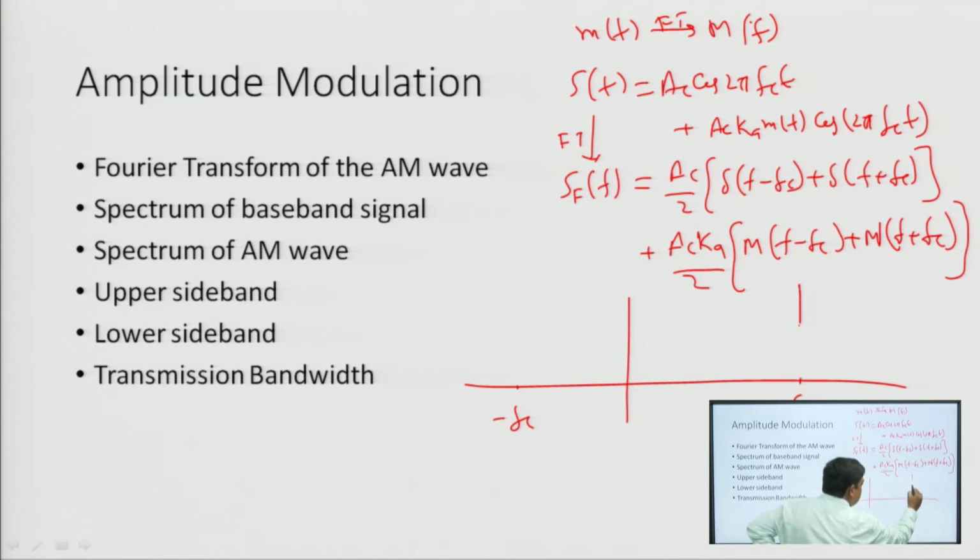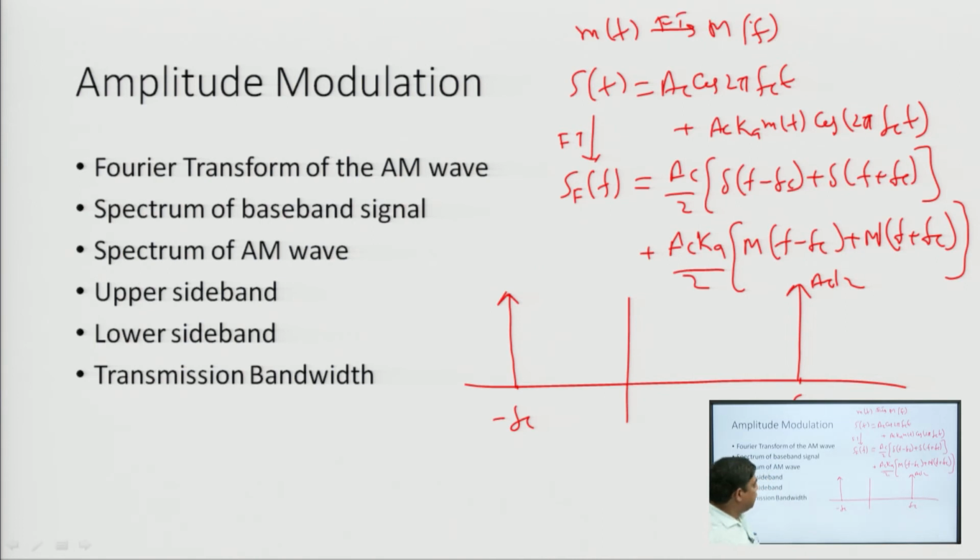Then you are getting an impulse function with amplitude Ac/2, and at f = −fc also you are getting an Ac/2 impulse function. Next, Ac k_a/2 M(f − fc) + M(f + fc). It will reduce its value, then it will be like this.